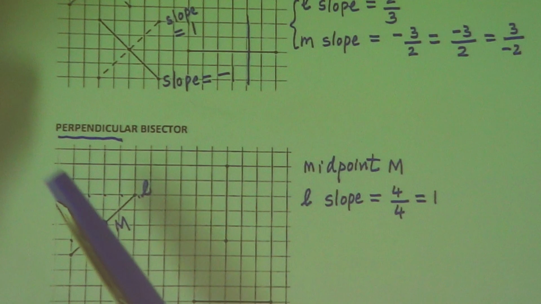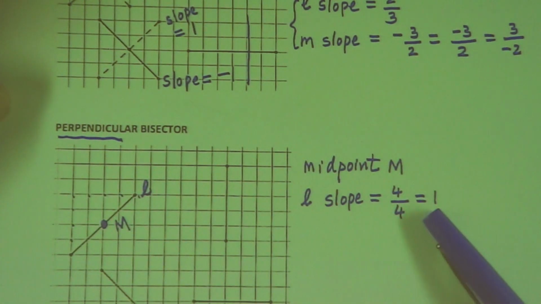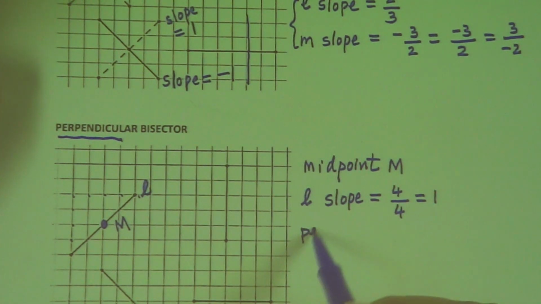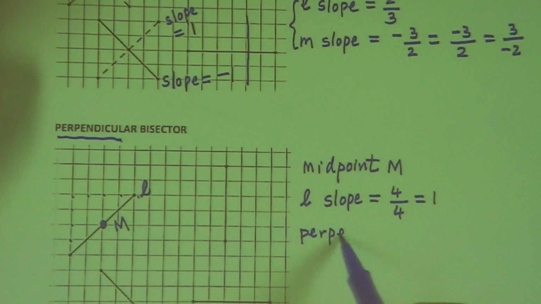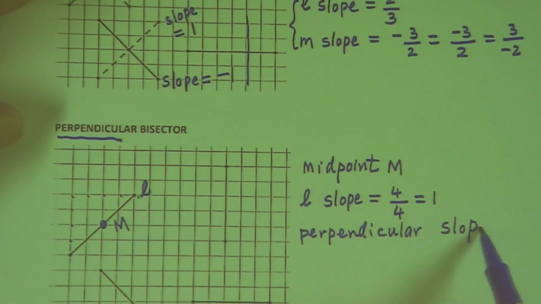So the line through M, to be perpendicular, its slope must be negative 1.